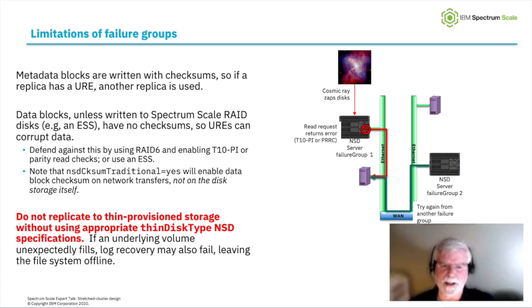Beware of thin provisioning with older versions of Spectrum Scale and in a stretched cluster. And if you're not using ESS or ECE, be sure that you're investing in good quality storage systems. Replication won't protect you if your storage system isn't protecting data itself, right? Unless you're using ESS.